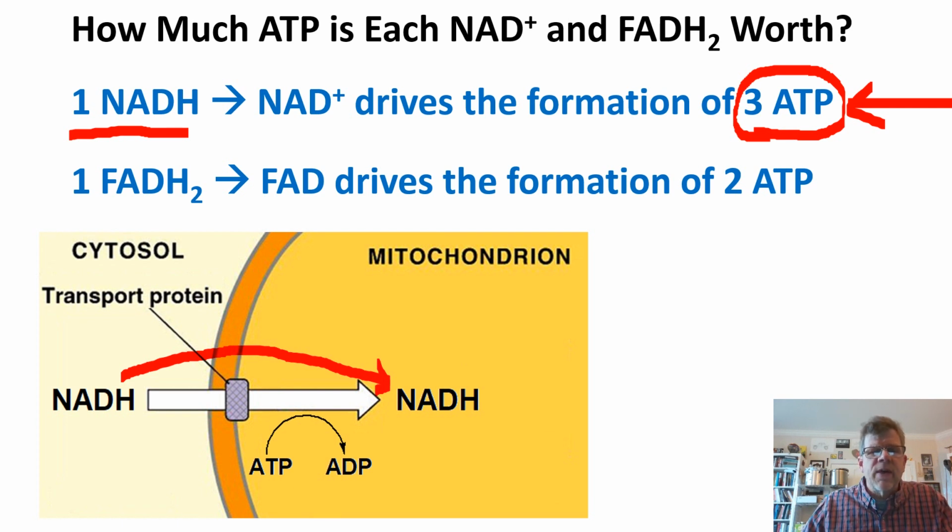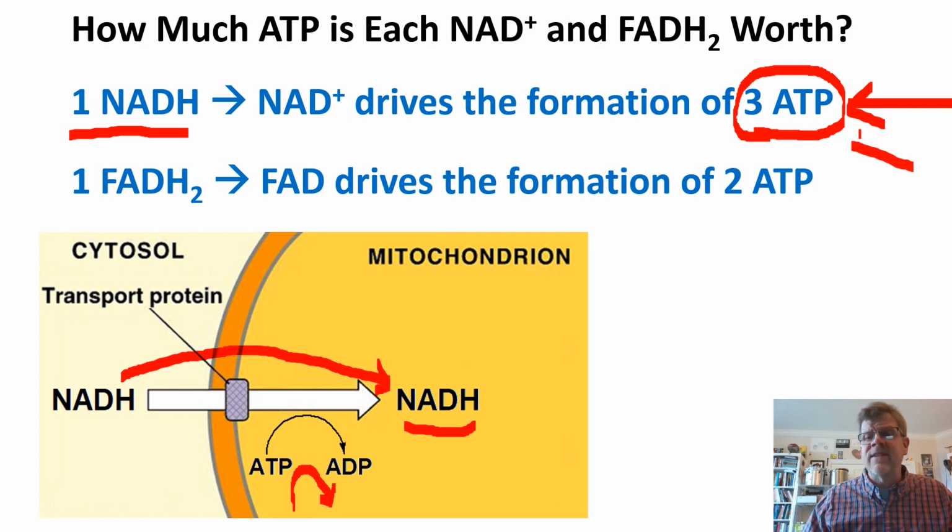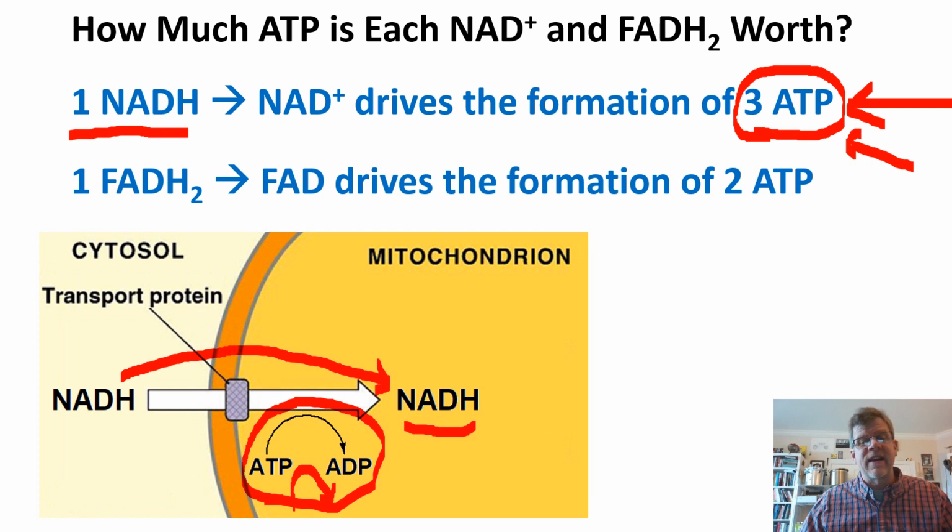However, getting through that mitochondrial membrane costs exactly, you got it, 1 ATP. It's like a cover charge in a bar or something like that. The NADH inside the mitochondrion, once it gets in, can still be cashed in for 3 ATP. However, we have to pay back the bouncer, if you will, of that 1 ATP that we burned just getting in the door. So net, we have 3 ATP for that cytosolic NADH, minus the 1 ATP that it burned just getting in the door of the mitochondrion.